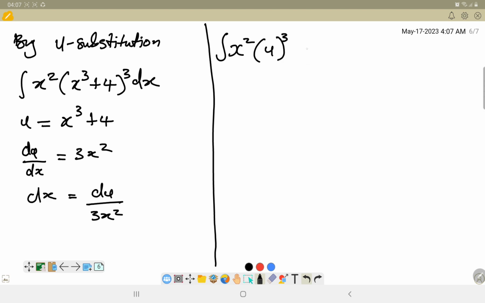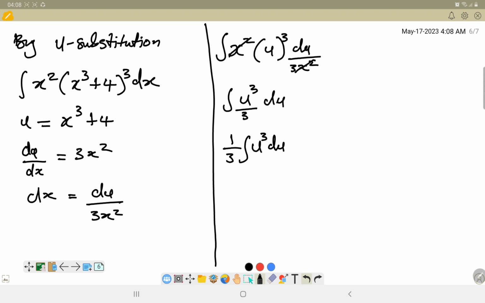Now we also replace dx by du over 3x squared. We can see that now x squared and x squared cancel out. Then we are left with u to the power 3 over 3 du. We can also take 1 over 3 outside of the integral.